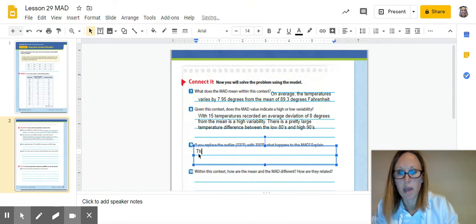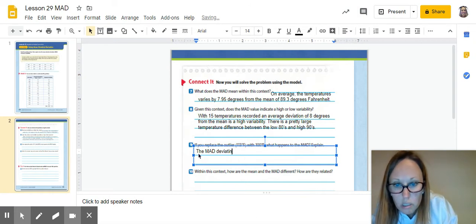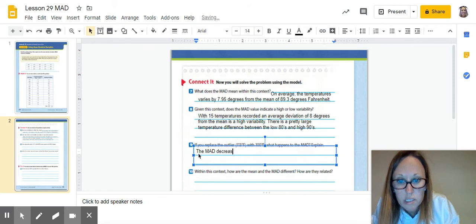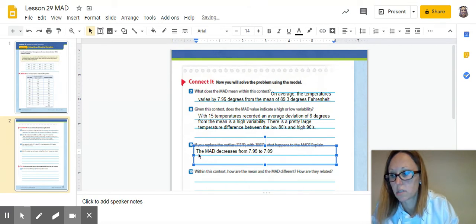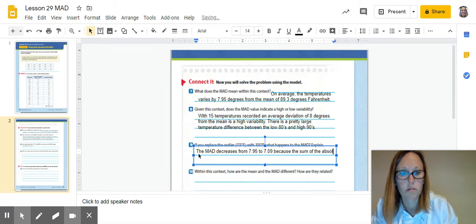So the MAD decreases from 7 and 9/500 to 7 and 900 because the sum of the absolute distances from the mean decrease.